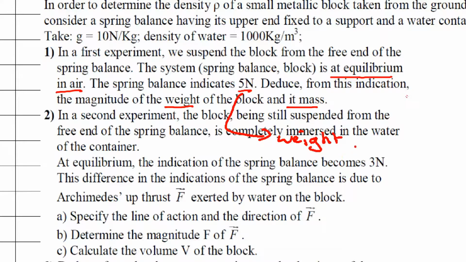So here we have two weights, either the real weight or the apparent weight. Because it's being suspended at equilibrium in air, then the spring balance indicates the real weight.